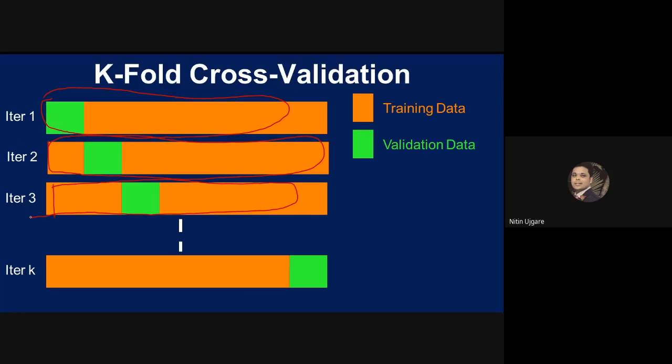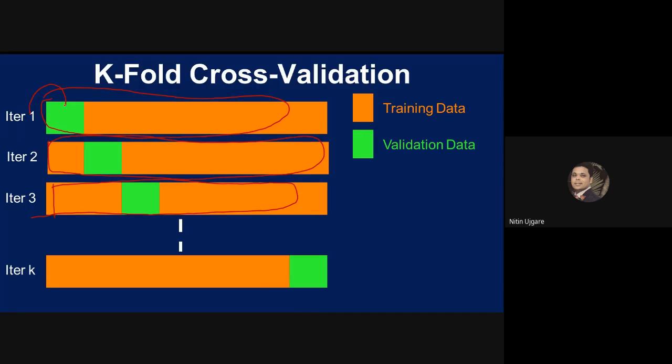Then in every iteration, we keep the first fold, the first section, reserved for testing the model, and the union of the remaining folds is used to train the machine learning model. After building the model, we test it on the first fold.